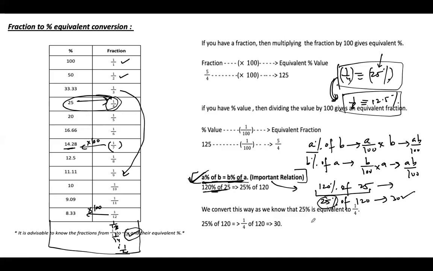Similarly, if I ask you 123% of 33.33, what will be this value? We can do 33.33% of 123 instead, which is 1 by 3 of 123, which is 41. Good.